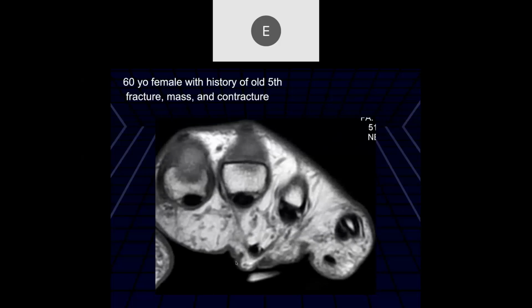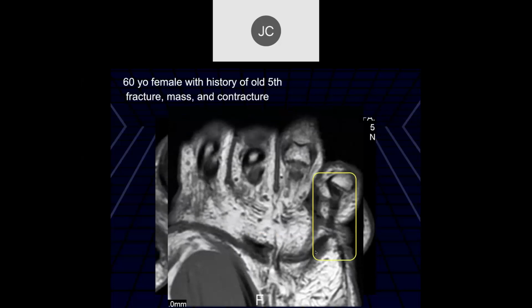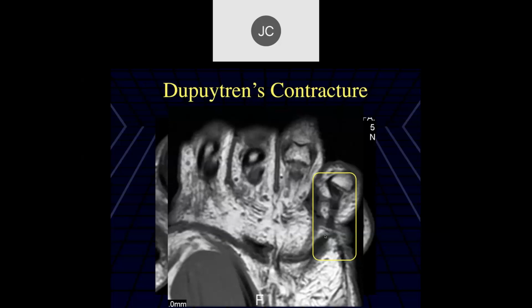Again, I'd think about Dupuytren's contracture. And then here are the flexor tendons. These aren't displaced flexor tendons. There really shouldn't be any fibrous normal anatomic structure in that location. And here we can see why they're producing the flexion, extending in the soft tissues. So again, Dupuytren's contractures.